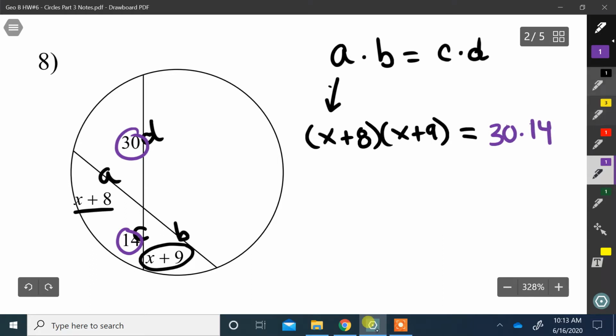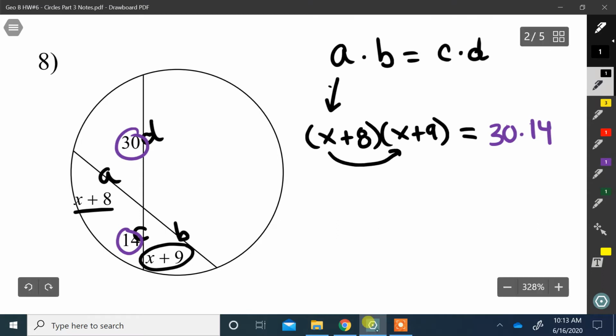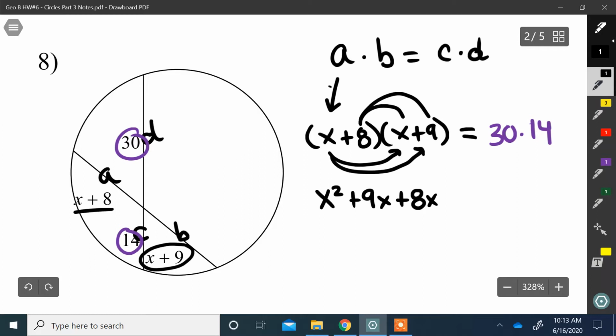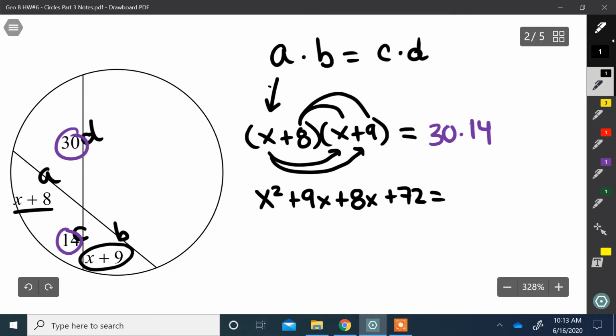Okay? So now we're going to go ahead and multiply that out. First of all, we're going to multiply this one here. x times x is x squared. And then we get 9x, and we get 8x. And then we get 8 times 9, which is 72. And then we're going to do 30 times 14. That's going to be 420.